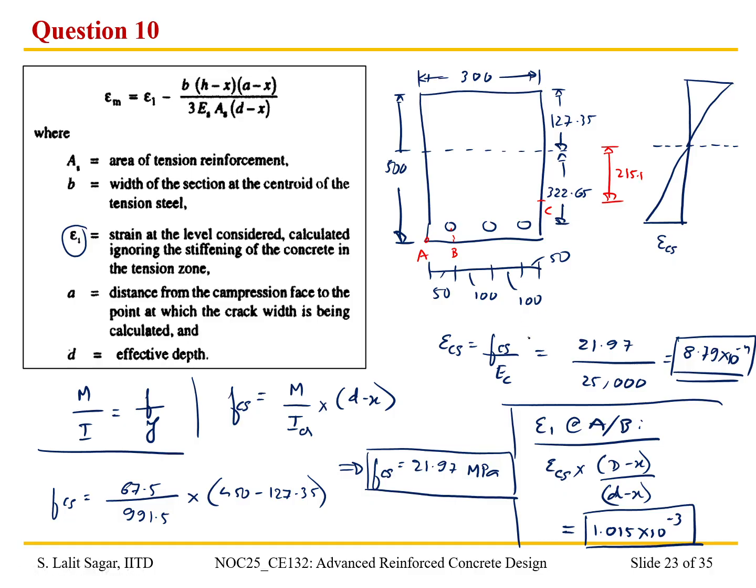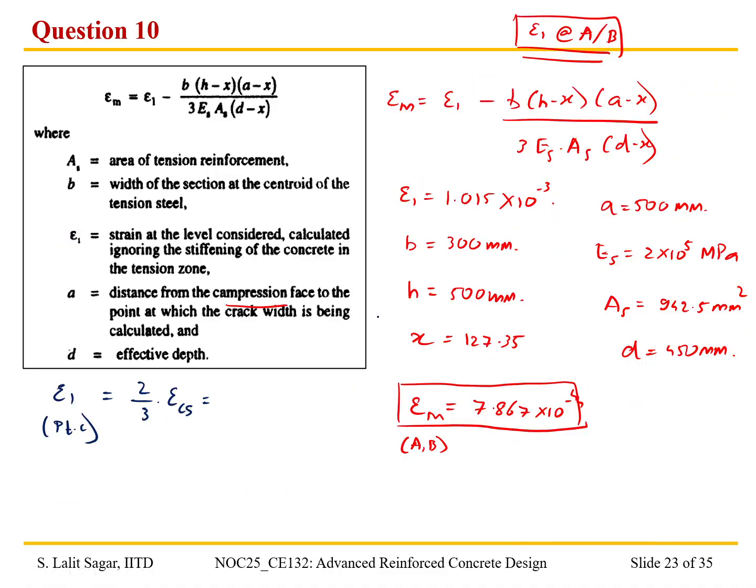So this we can substitute. Here epsilon CS is 8.79. Okay, so the value of epsilon 1 is 5.857 into 10 to the power minus 4.